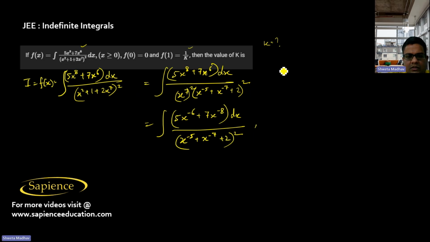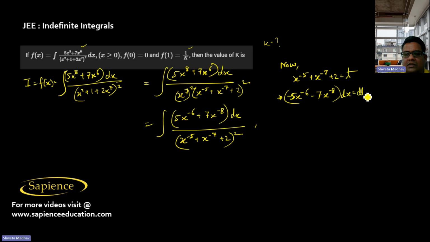So now we can take x power minus 5 plus x power minus 7 plus 2 as t. Then minus 5 into x power minus 6 and minus 7 into x power minus 8 dx is equal to dt.